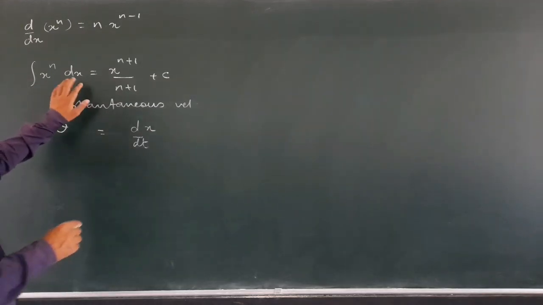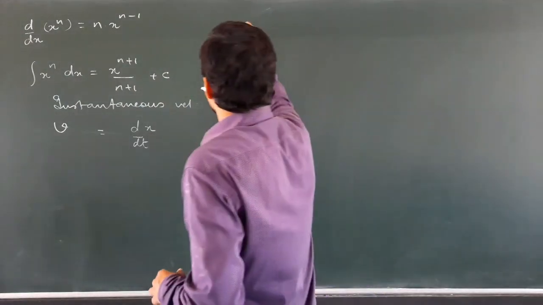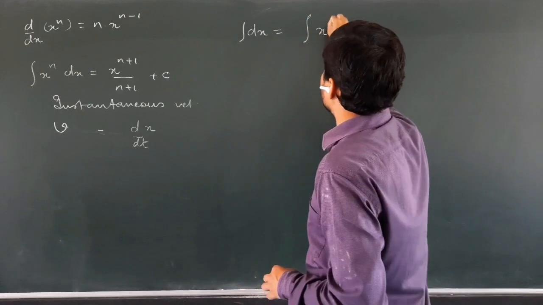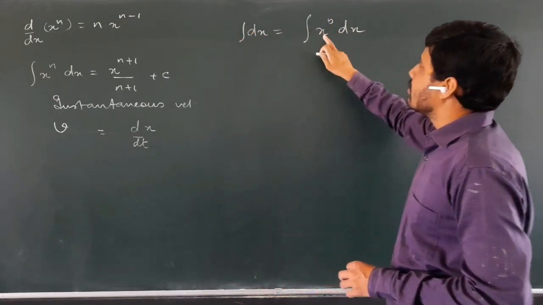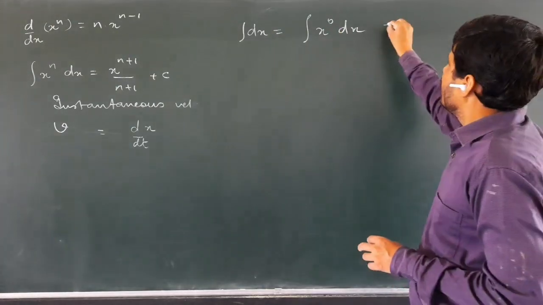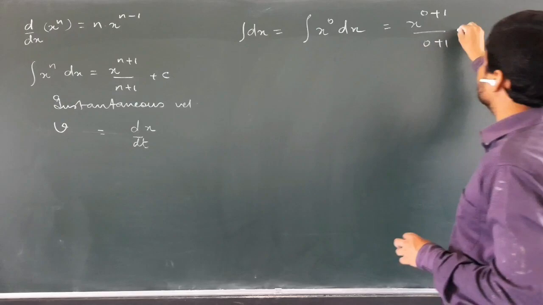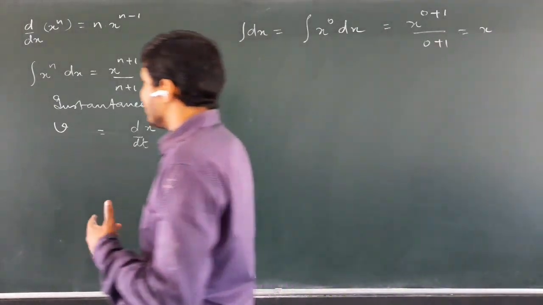Now let me use this. I have discussed x to the power 1 dx, x to the power 2 dx. If we have integration dx, this can be written as x to the power 0 dx, because 1 can be written as x to the power 0. So as per the formula, this becomes 0 plus 1, and here also 0 plus 1. That is nothing but x. So remember, integral dx is nothing but x.